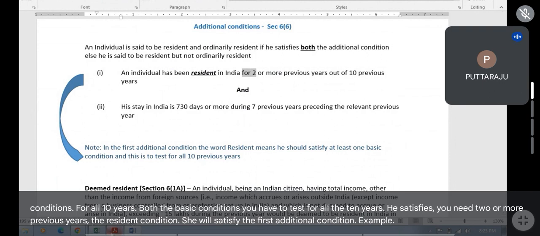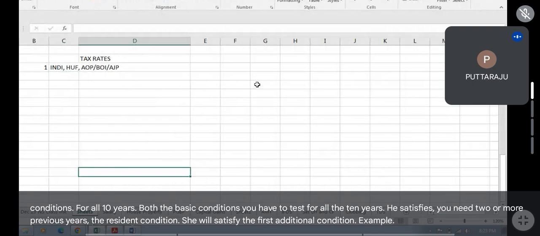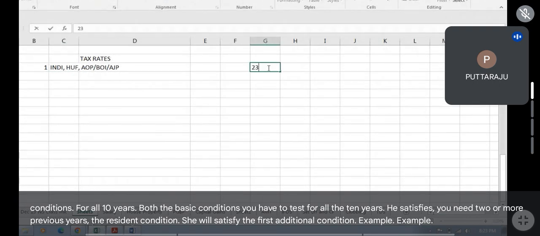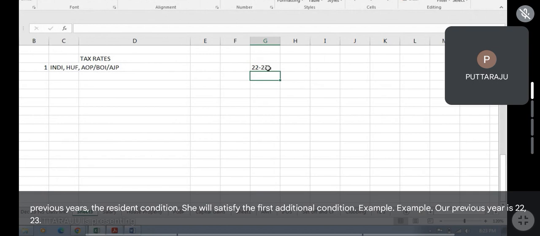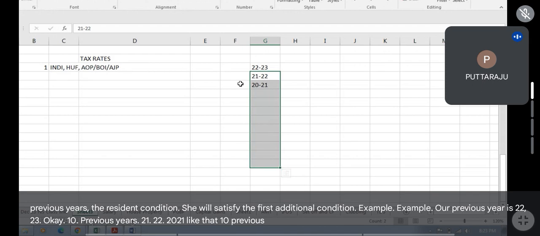Example, our previous year is 22-23. Okay, 10 previous years, 21, 22, 20, 21, like that, 10 previous years. I am just taking the example.